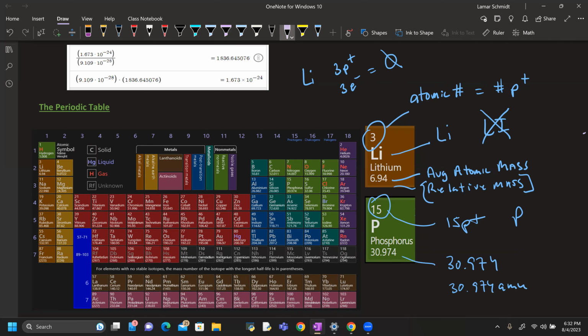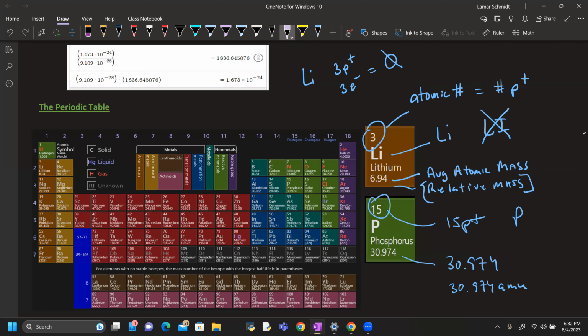So how so? Well, for instance, carbon has about 12 times the mass of hydrogen. Nitrogen has about 14 times the mass of hydrogen. So the mass of carbon relative to the mass of hydrogen is about 12 times larger.